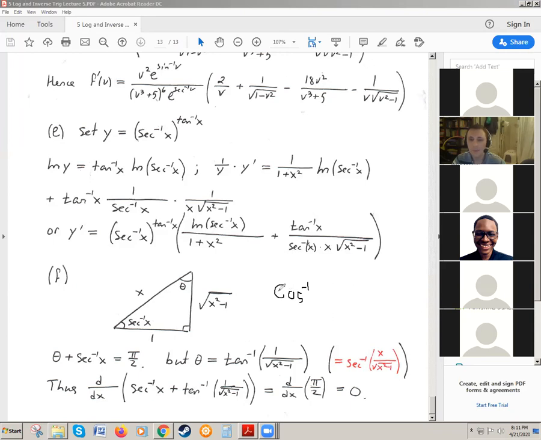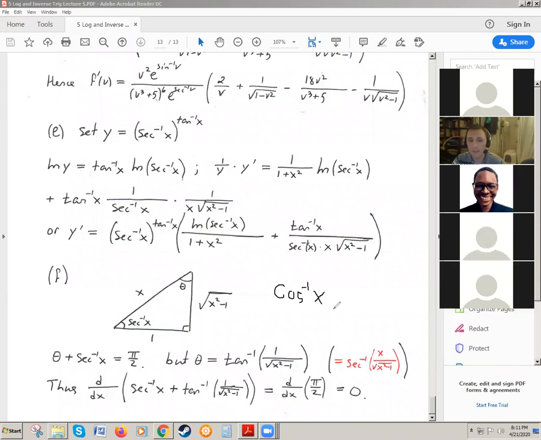Take care. Guys, before we go, tell me please what is cosine inverse of x plus sine inverse of something like 1 divided by root of 1 minus x.